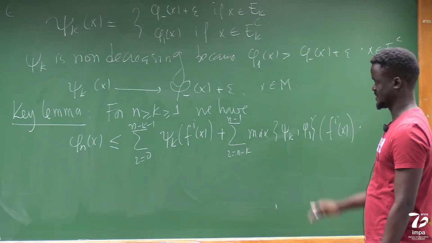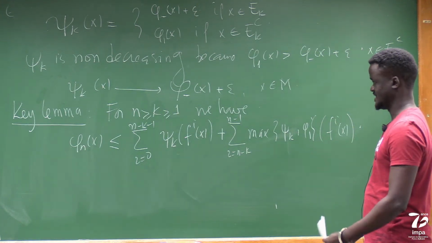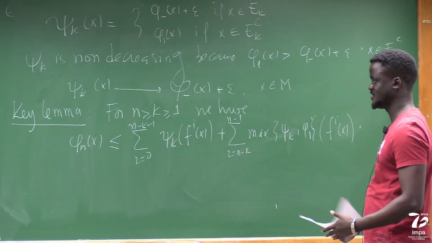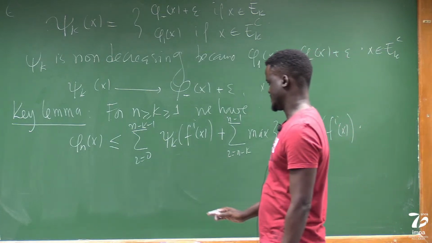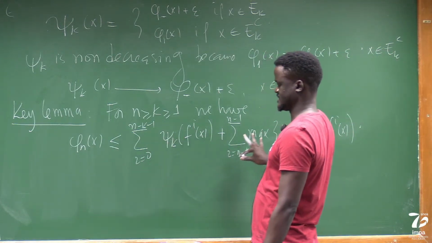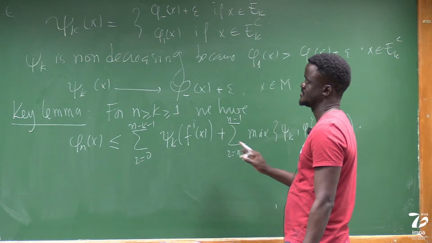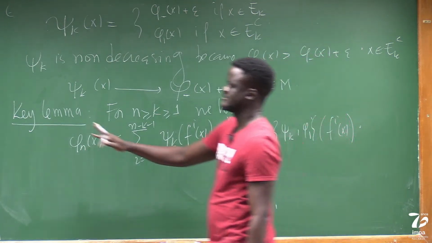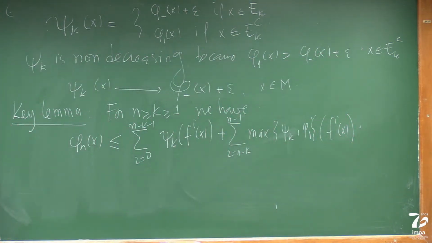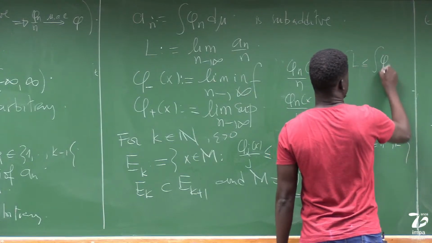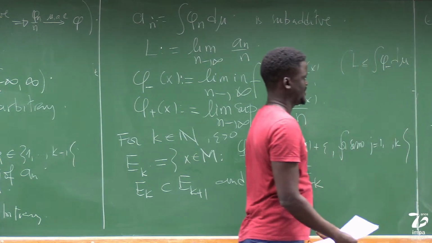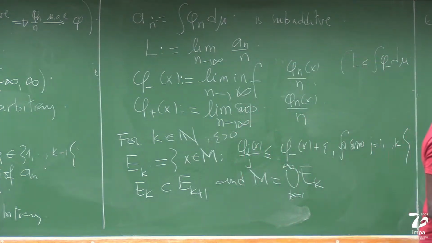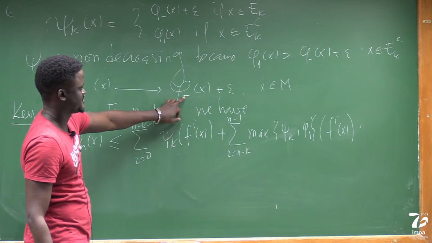So this is technical, doesn't use any measure, any dynamical system. I mean, it's just a technical lemma. But if you see the way this inequality is written, it is toward proving that L is less or equal to the integral of phi minus d mu. Why? Because we know this guy is converging to phi minus.